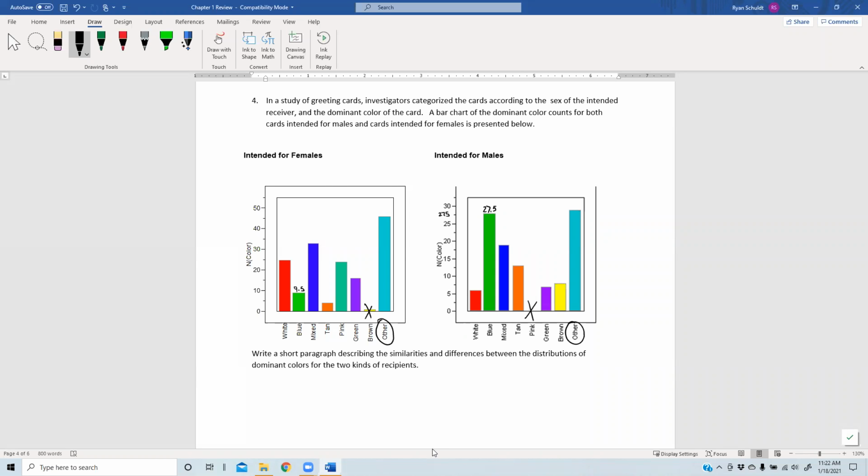Somewhere in there. So it looks like all things being equal, as far as percentages go, males are 3 times as likely to get blue compared to females. Same thing with brown. They're way more likely to get brown than a female. They probably won't get white. Females tend to get the white.